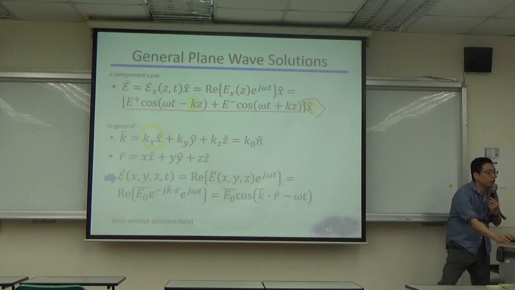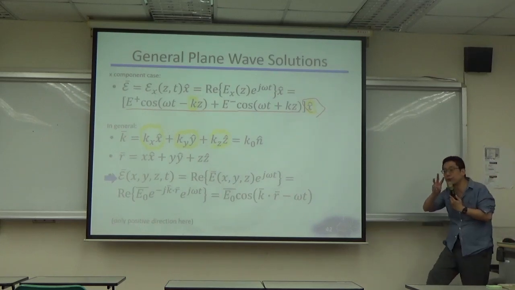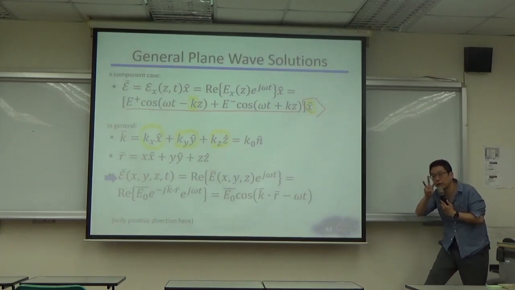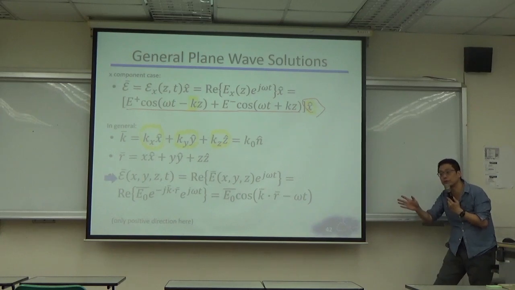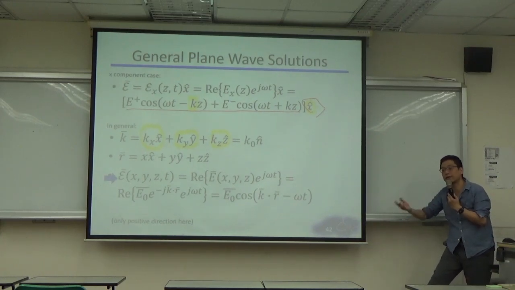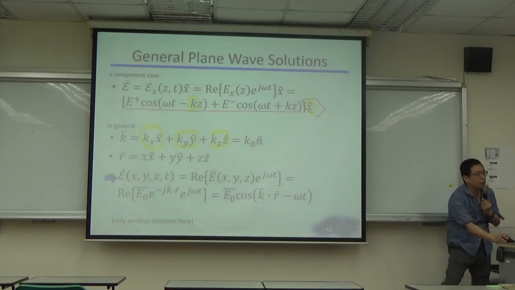And the total K will become Kx, Ky, Kz. In 3 directions, they are 3 different K. If my wave has more than 1 direction, like more than X, I have Y and Z, so you can redefine your K. You can put your unit vector in there.